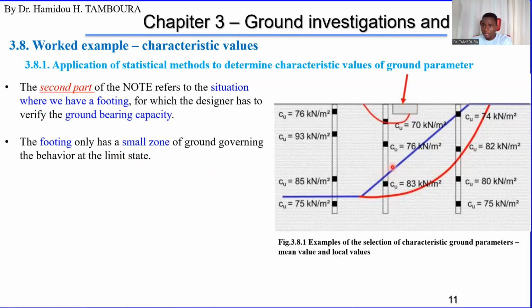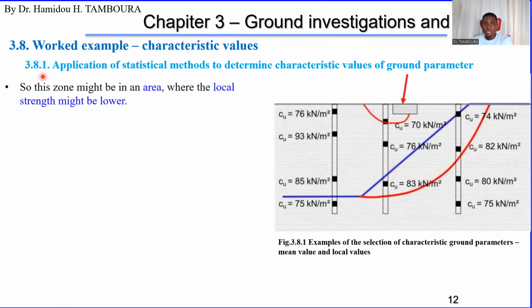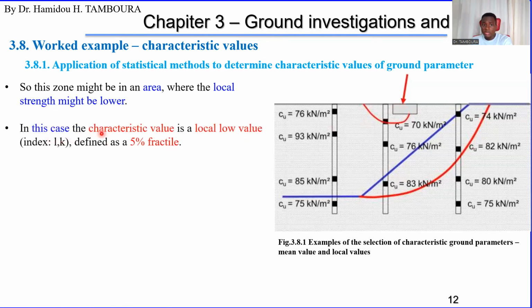For that case, this zone might be an area where the local strength might be lower than the average. So in this case, the characteristic value is a local low value.